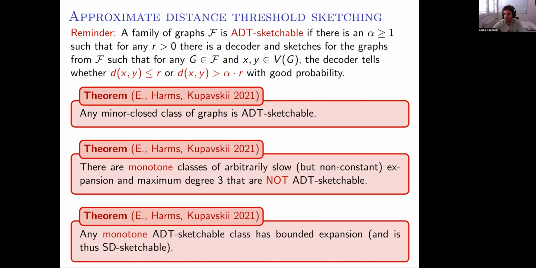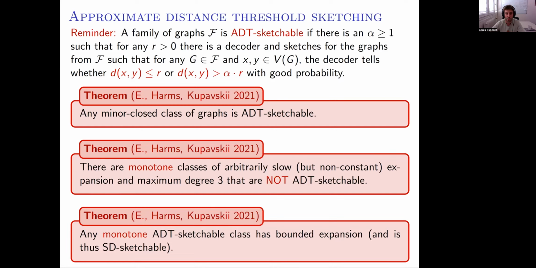But we still prove that if you're monotone and ADT sketchable, then you have bounded expansion. And in particular, using our first result, you are SD sketchable. For monotone classes, ADT sketchable implies SD sketchable, and that's interesting. Our proof is fairly complicated. It takes a lot of different pieces, but we don't have any direct simple proof of this result.